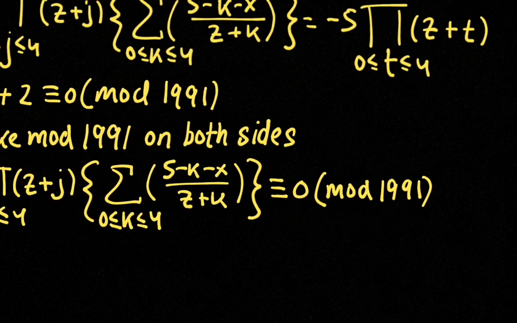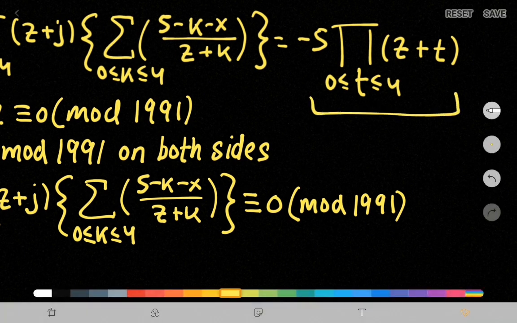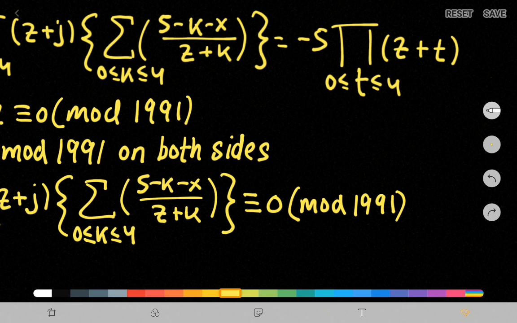It is congruent to 0 because this thing is divisible by 1991, because this thing contains z plus 2.